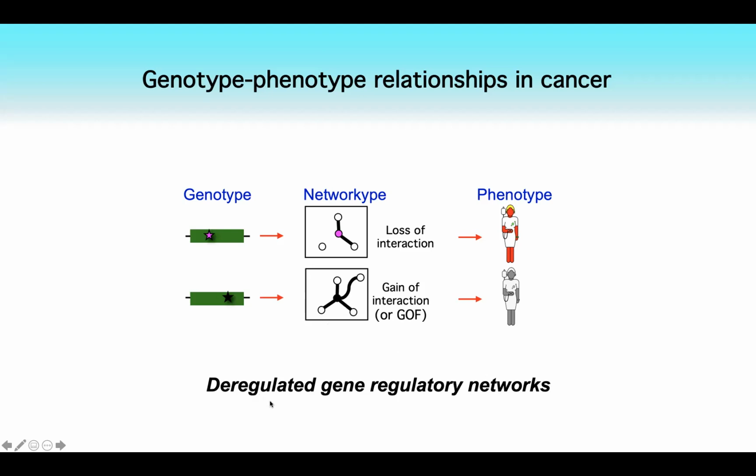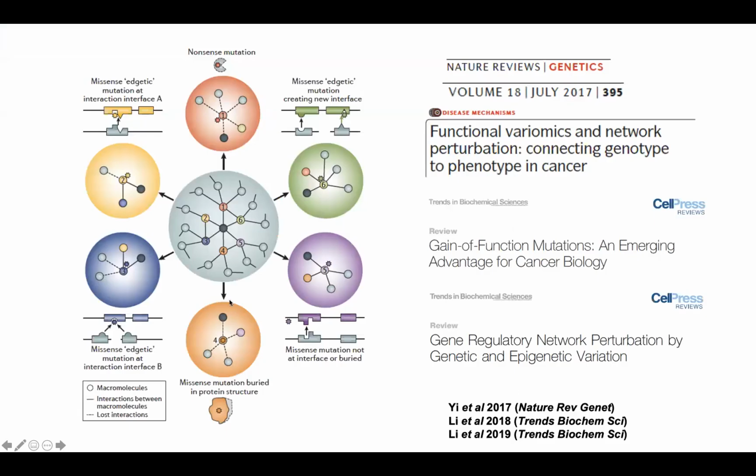Essentially, this deregulated gene regulatory network is what we consider underlying different diseases. We wrote a series of reviews in the past 2 or 3 years documenting this, and we have a term called functional variomics to indicate the field of the large number of mutations and their effect in network perturbation.